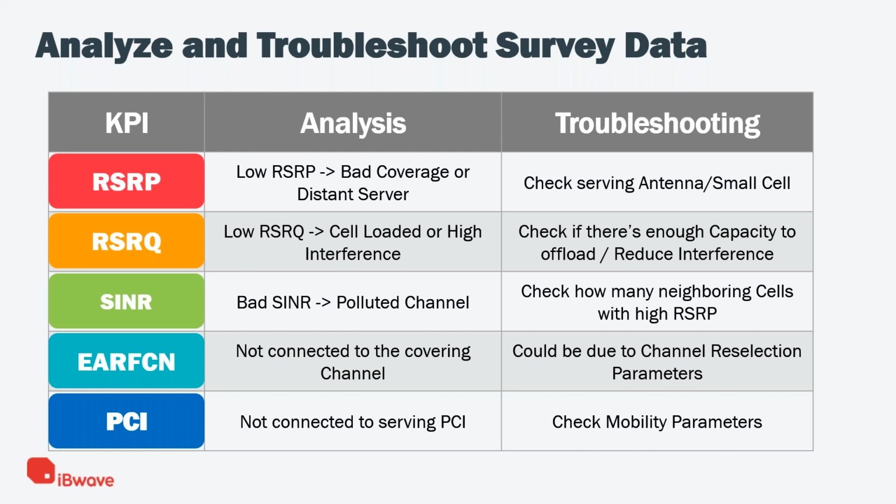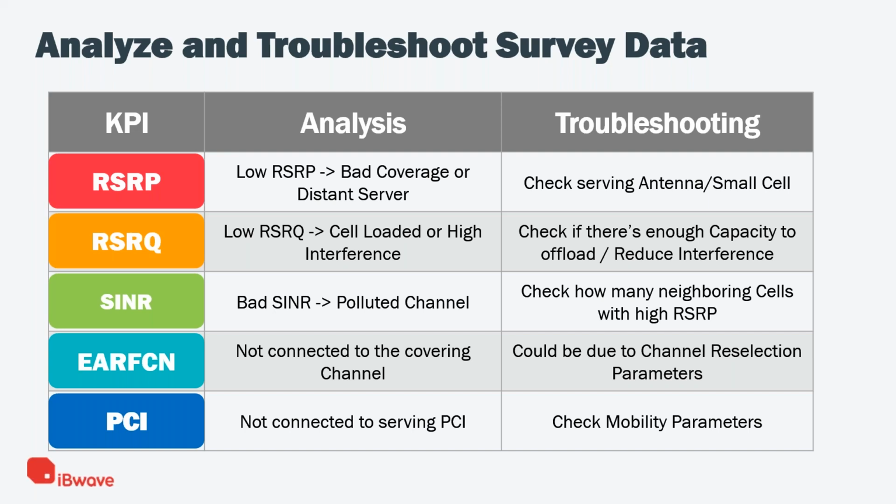Now, channel number. If you're looking for a specific ARFCN, because you installed a new network or a new small cell, and you're using a new channel, let's say CBRS, and you want to check that the different channels are transmitted at the location as designed, right? And you may notice you're not connected to the expected covering channel.